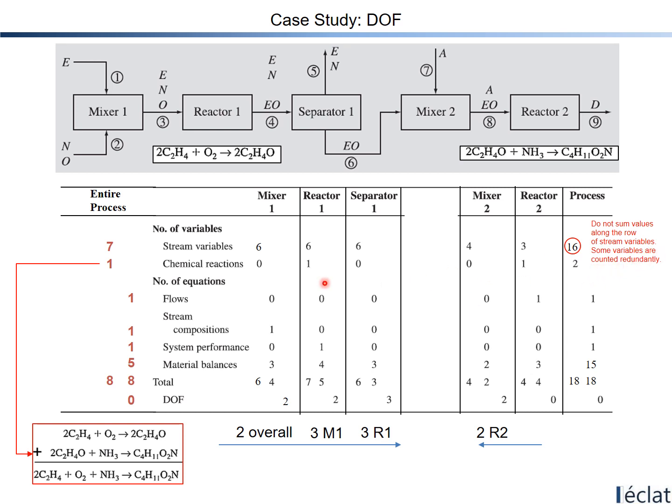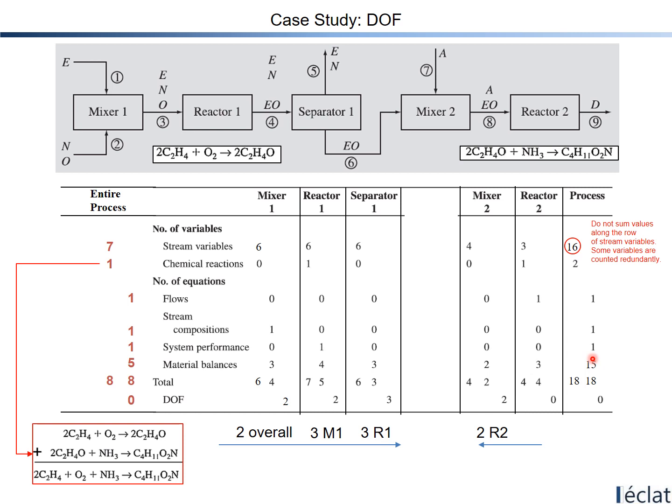However, in the other cases, like chemical reactions, flows, or something like that, you can sum the rows. So we have 2 reactions in total, flows only 1, stream composition only 1, system performances only 1, and material balances 3 plus 4 plus 3 plus 2 plus 3, which is 15.